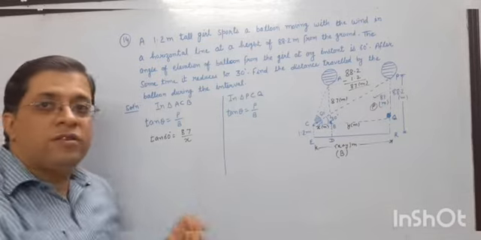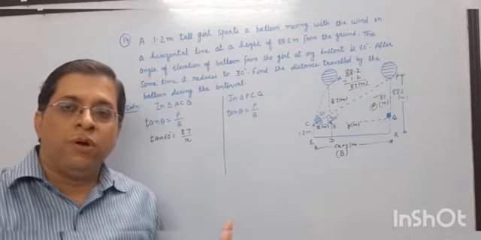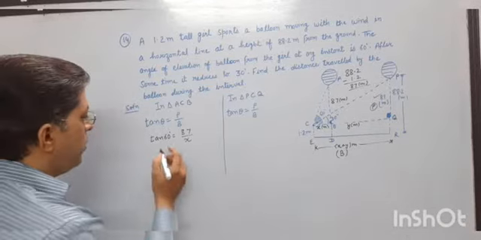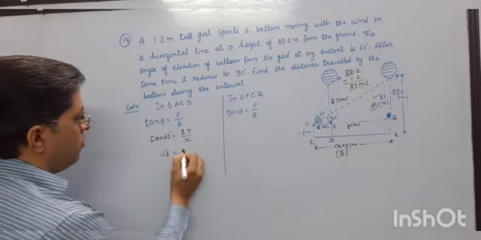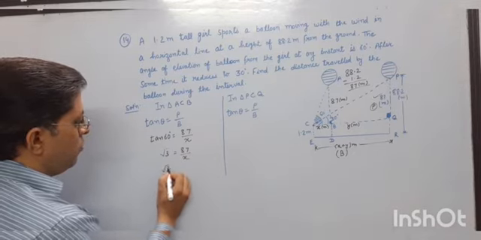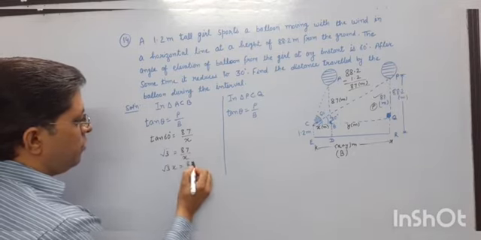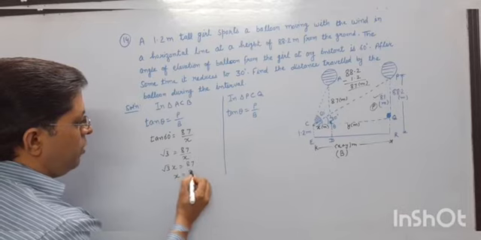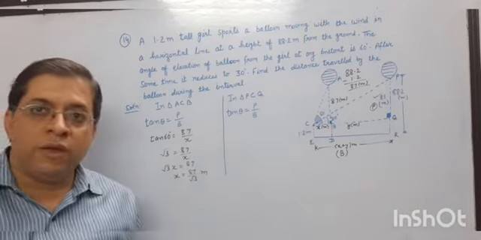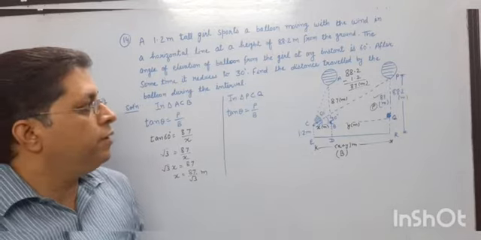What is tan 60? Tan 60 is root 3. So root 3 x is equal to 87. x will be 87 upon root 3 meters. It is very clear.